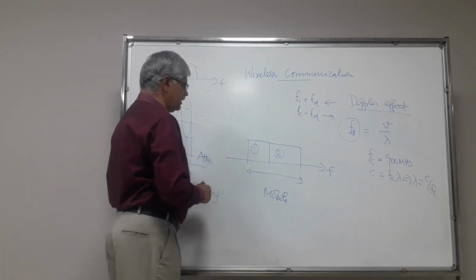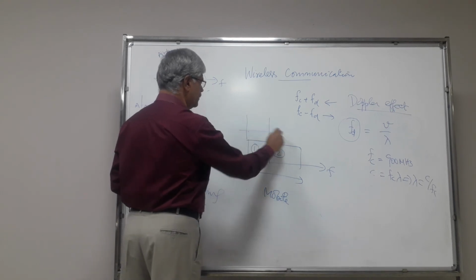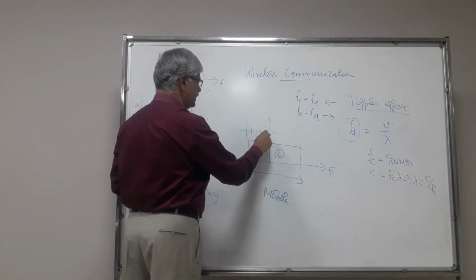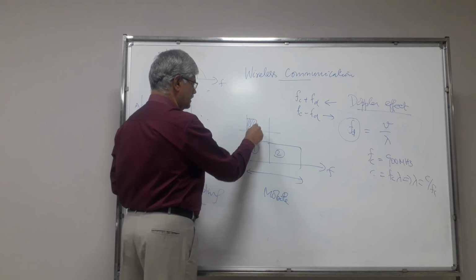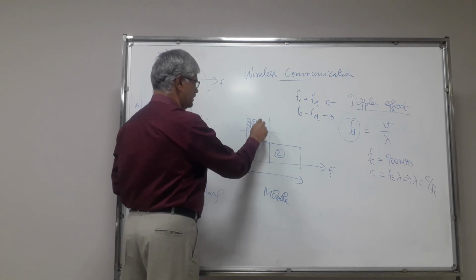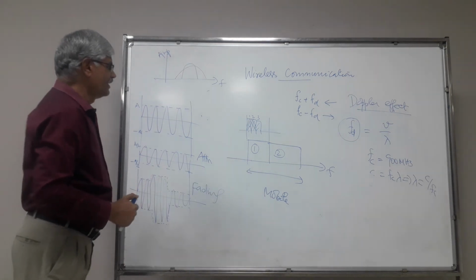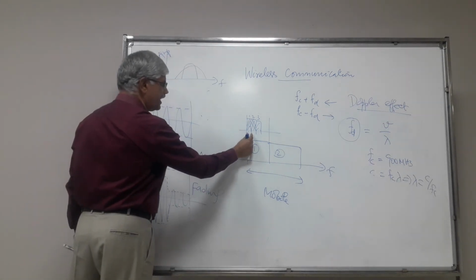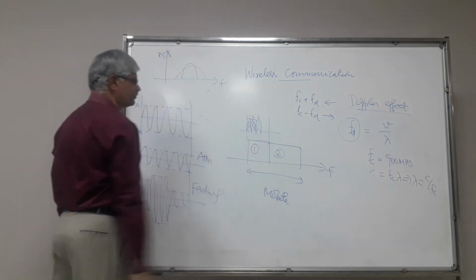This particular organization will divide its band into 1, 2, 3, some 100 channels, depending on the requirement. One channel is transmitted through this band, another channel through this band, and so on.